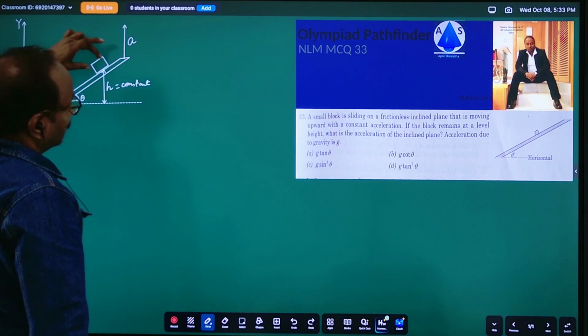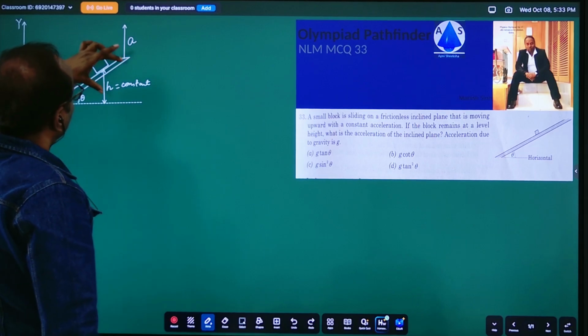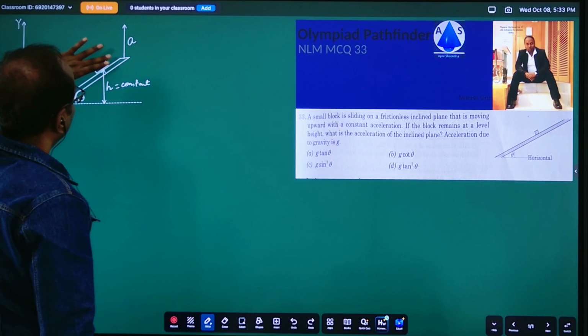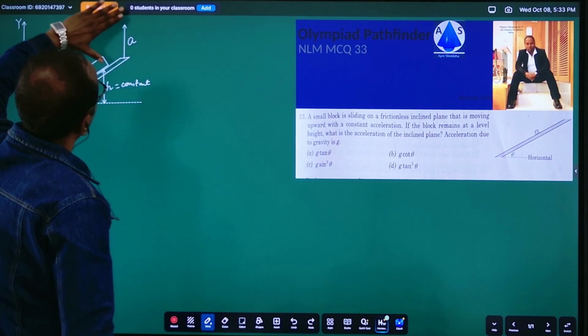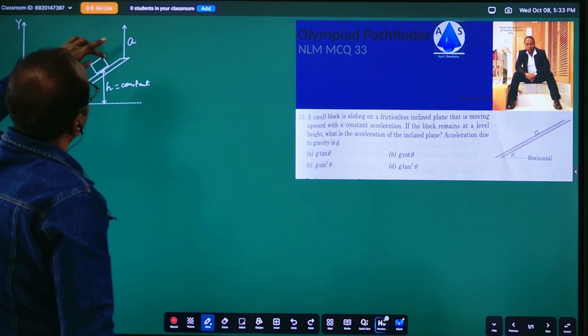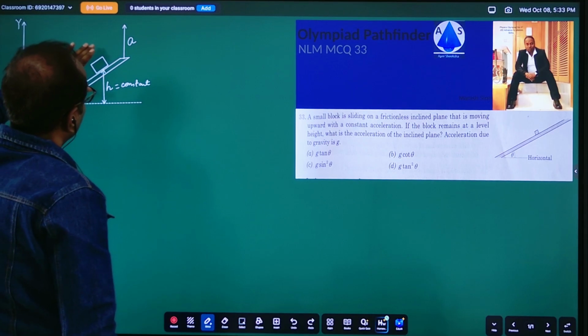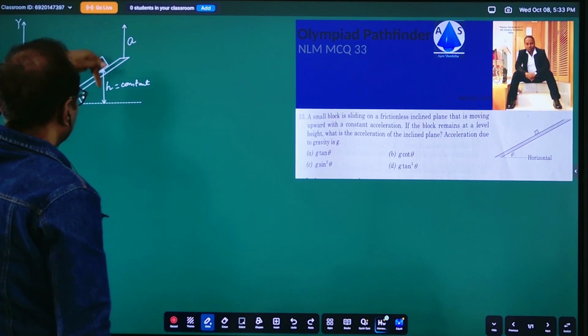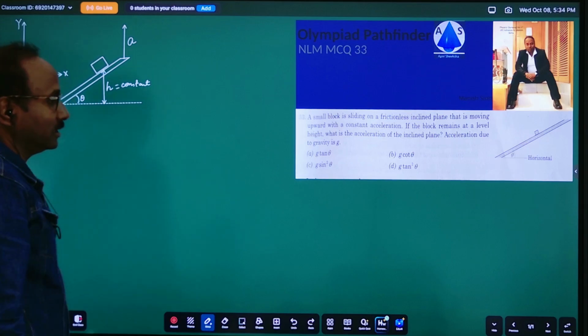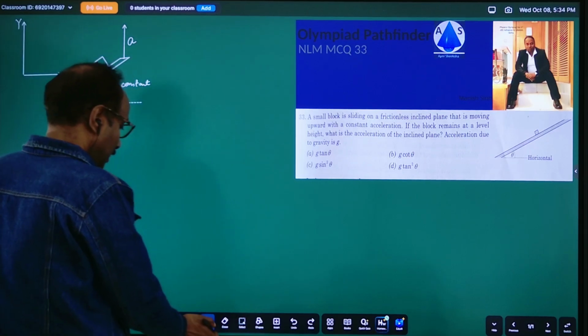This block is sitting on the frictionless inclined plane, and the inclined plane itself is moving with an acceleration. The object will experience an acceleration g in the downward direction due to the earth's gravitational field.